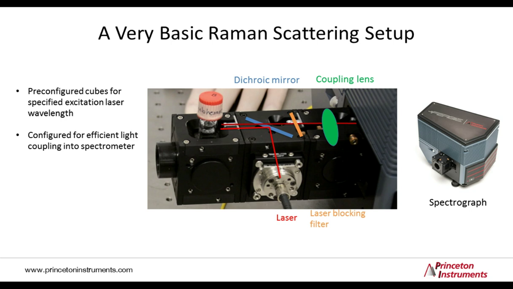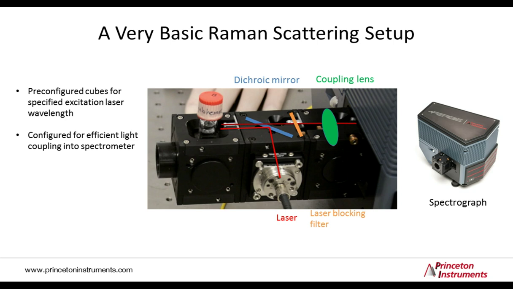This system here is configured to measure liquid phase samples by placing a cuvette in the sample holder shown here on the left side of the picture. This system uses pre-configured cubes that are configured for specific excitation laser wavelengths. The advantage is the cubes require minimal alignment by the user to achieve optimal results.